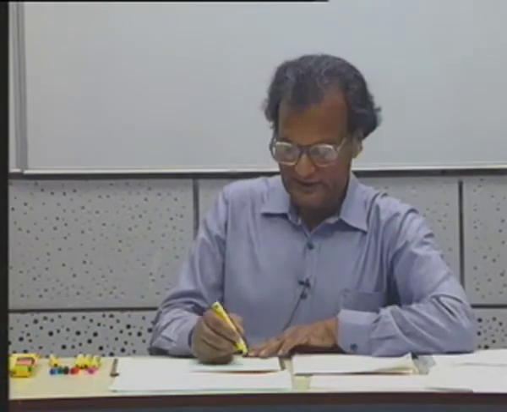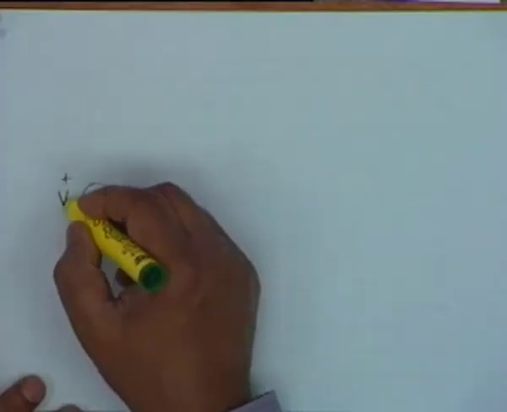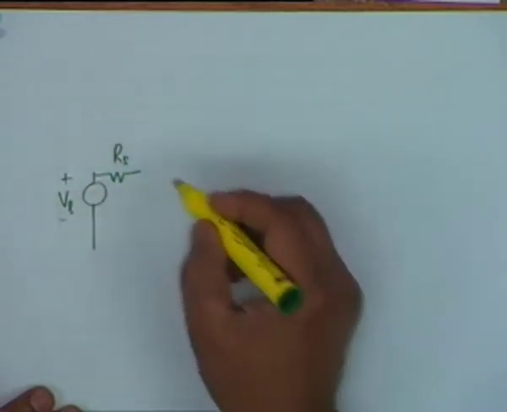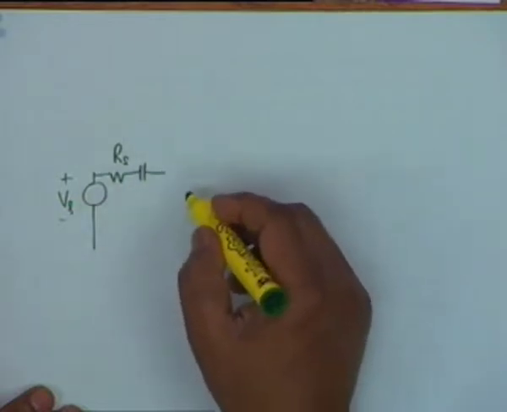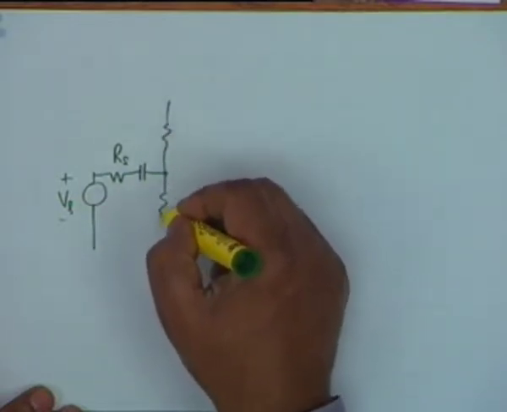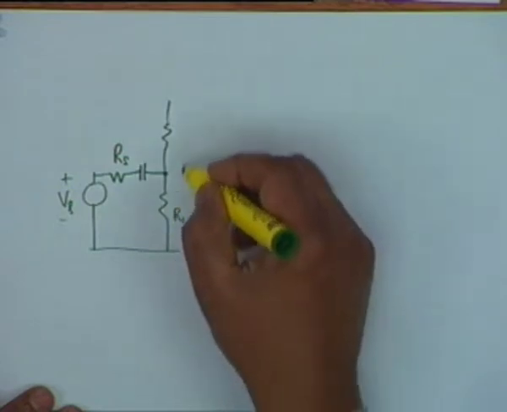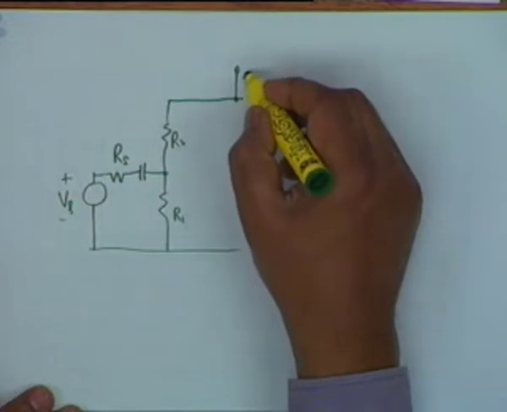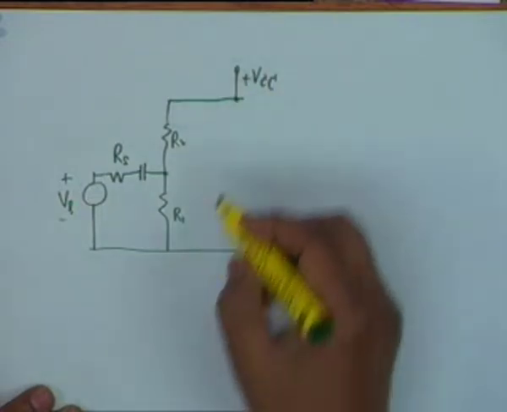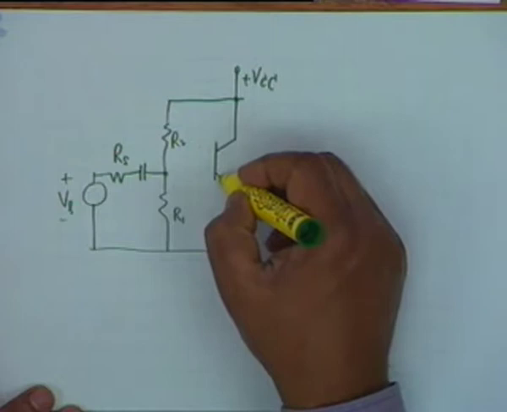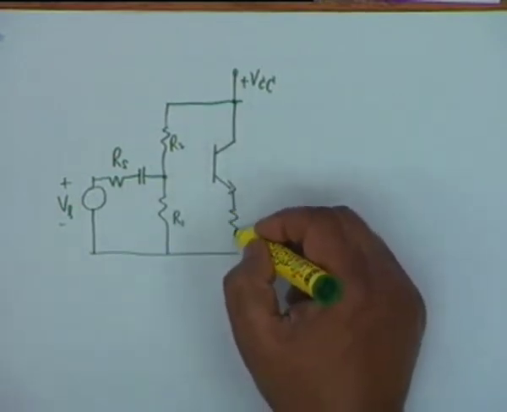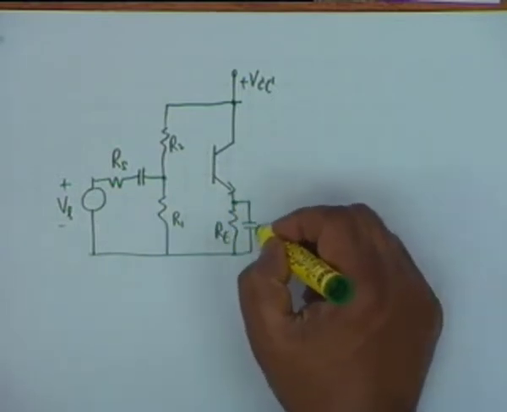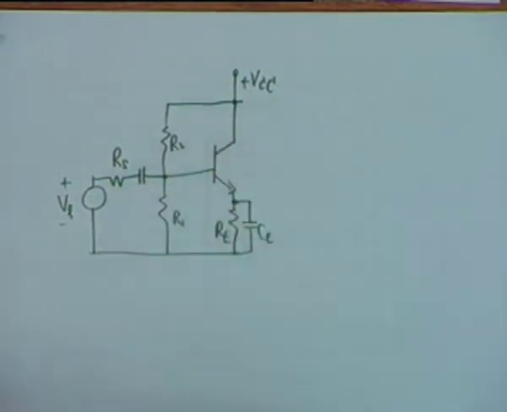Let us consider a 2-stage amplifier. Please try to draw with me. I will draw the complete circuit. RS, then you have a coupling capacitor, biasing resistances R1 and R2 plus VCC, then the transistor, there is an RE and C sub E, this connects to the base.